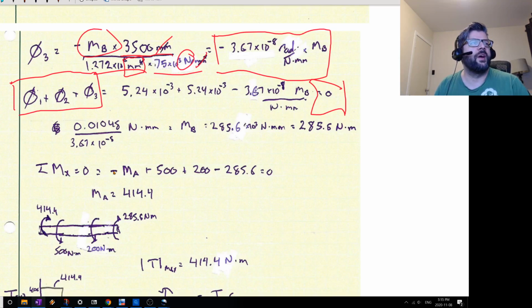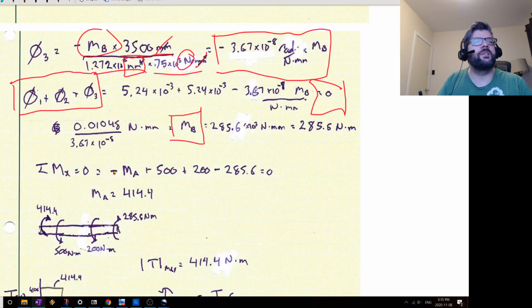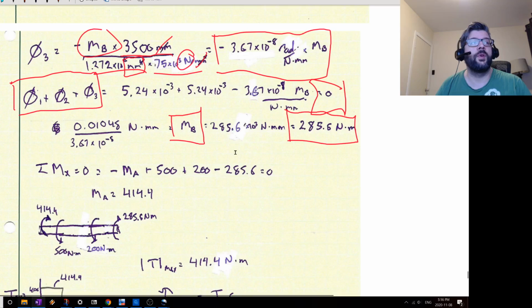So anyways, we are going to be able to solve for what our MB is based upon that, and that'll give us 285.6 Newton meters.